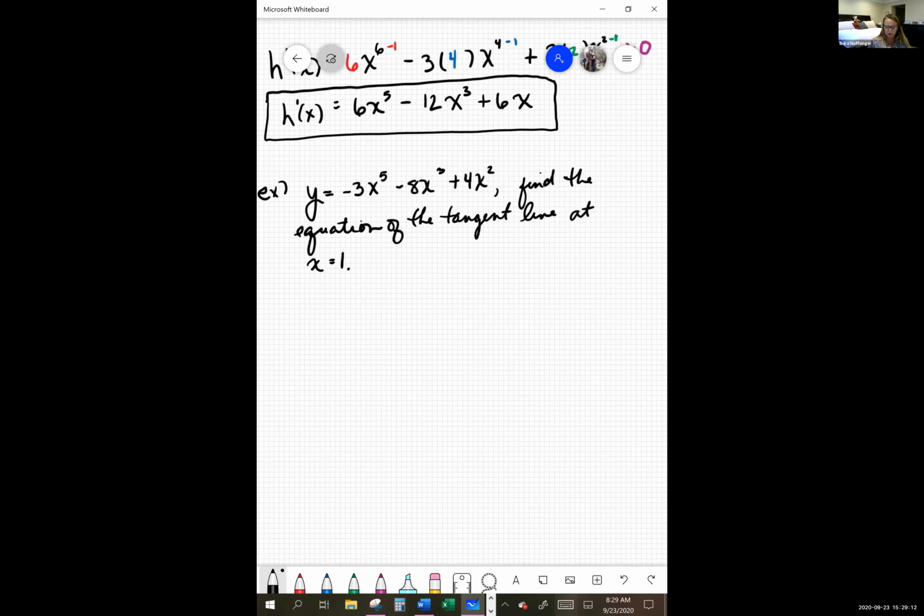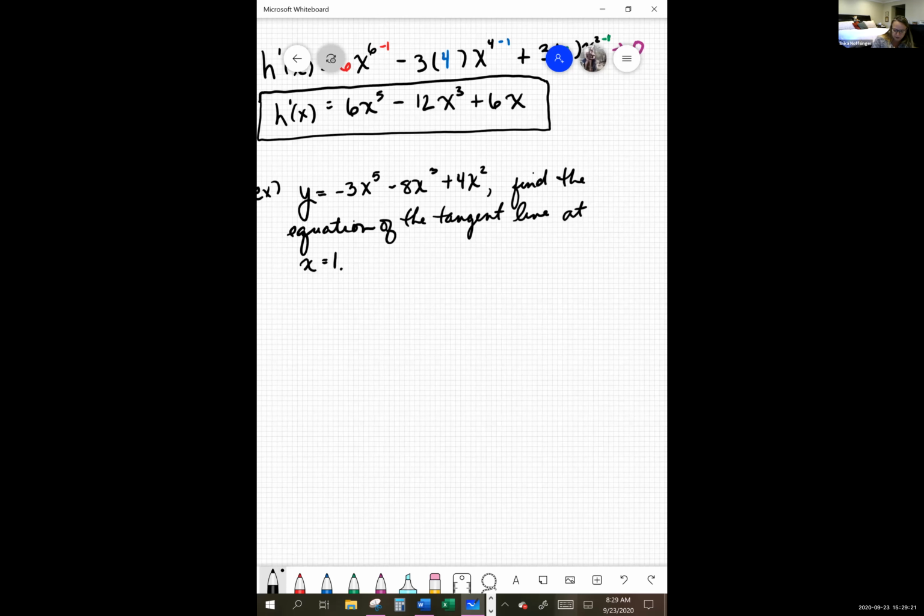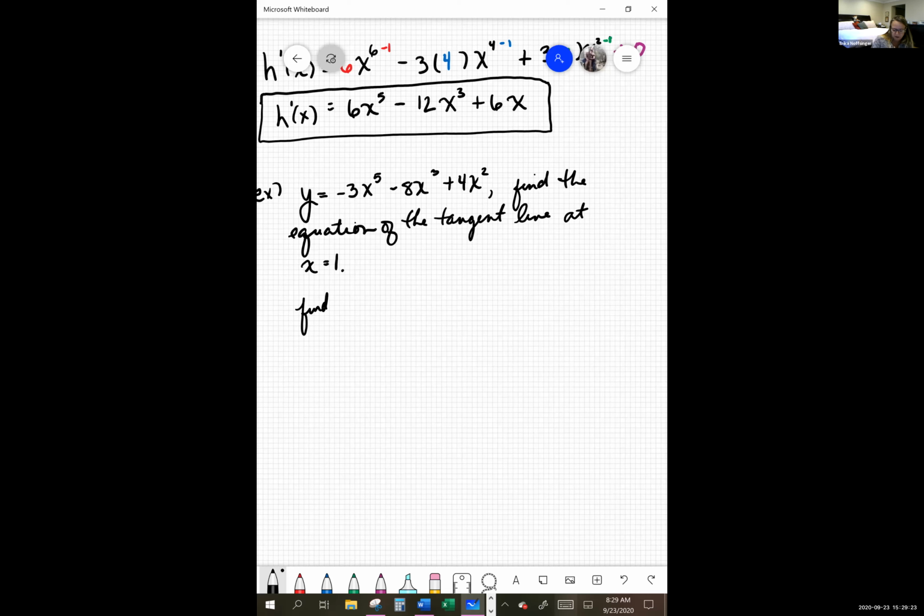So we need a couple things. We need to know what the slope of this function y is at x equals 1. We need to find the slope of y at x equals 1, which is basically the slope of our tangent line.